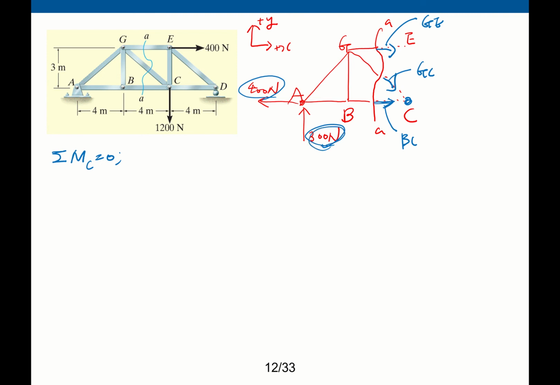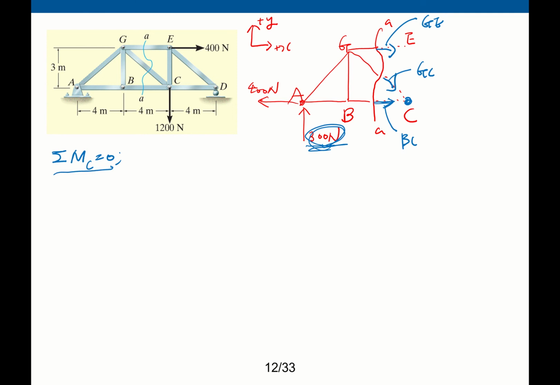Then this 300 Newton creates a clockwise rotation. And this 400 Newton does not create a rotation because they are collinear. And this GE creates a counterclockwise rotation, because the other one already creates the clockwise rotation about point C. So this one should be the negative side. Let's figure it out. Sigma moment at point C should be equal to 0.